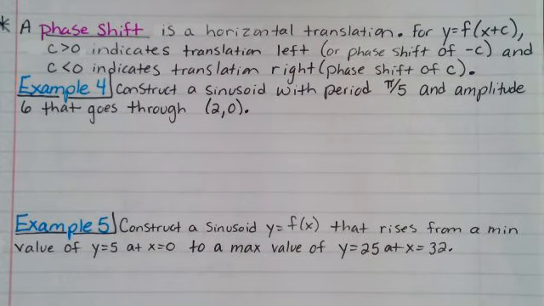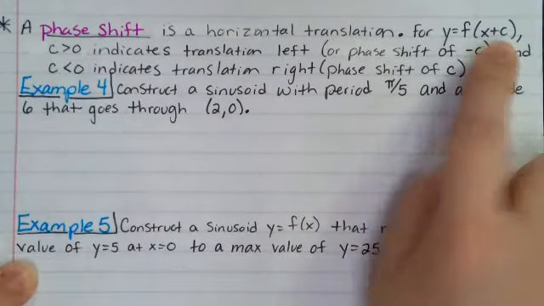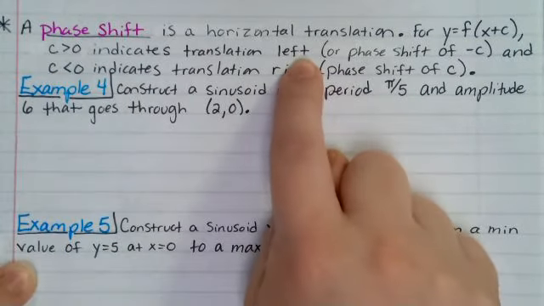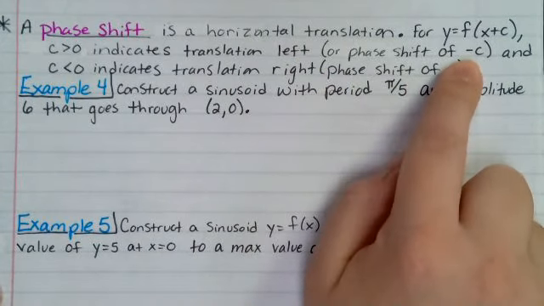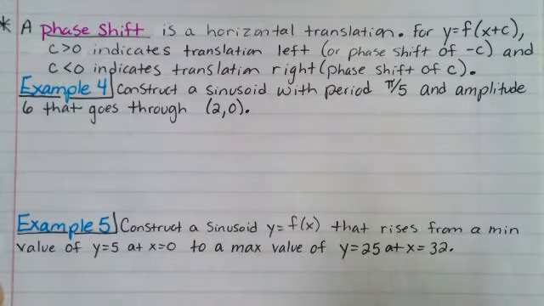So when you see that it adds a number, if you see that C value that's being added in here, if this is positive, more than 0, it's going to move left. So it's backwards from what it feels like. Or they'll say a phase shift of negative C. If C is less than 0, so if it's negative, then that's showing that it's moving to the right.